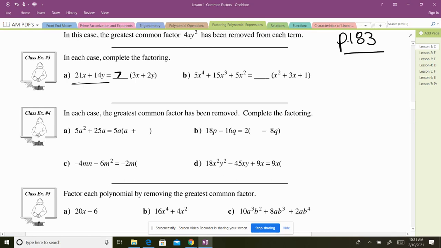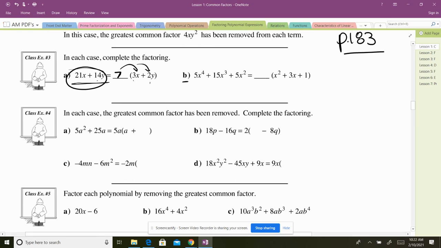So if I divide 21 by 7, I get 3. If I divide 14 by 7, I get 2. Does that make sense? Because if you multiply the 7 back in, I would get that. These are the same thing, we're just rewriting them in different forms.